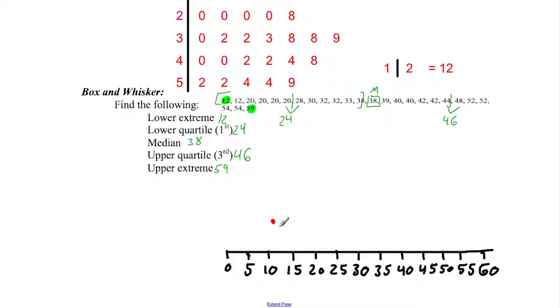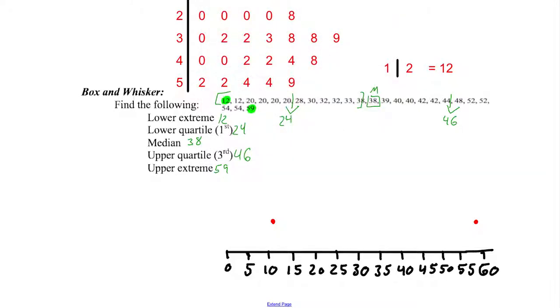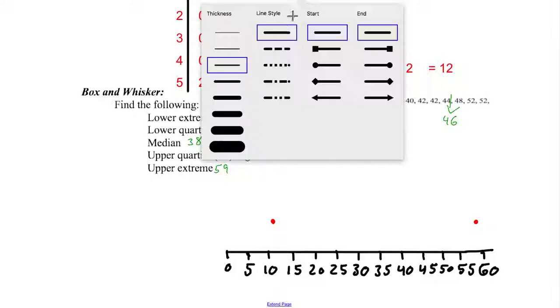Well above this x-axis, none of my box and whisker plot is going to touch the x-axis. So I plot this point at 12. The upper extreme is at 59. Those get two dots. Some people do lines, some people do little x's. It really does not matter, so just mark those two. But what does matter is that the quartiles and the median get straight lines.